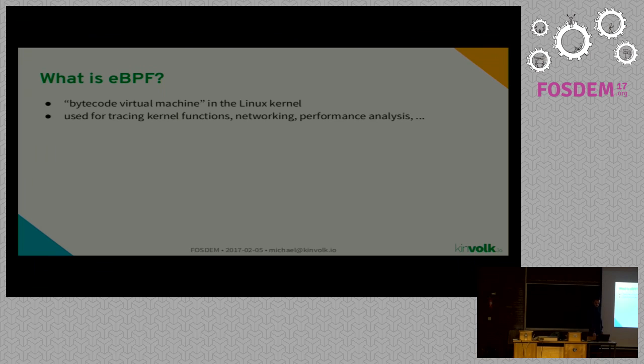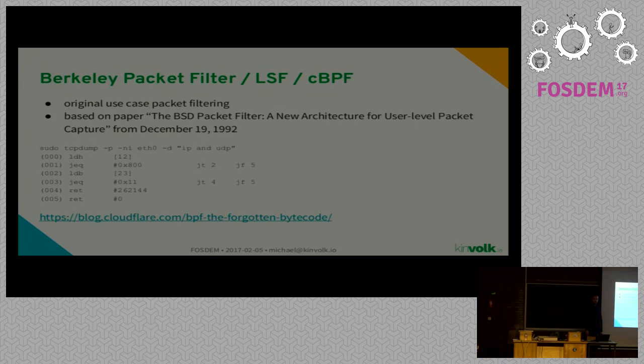The classic BPF, or the Berkeley Packet Filter, is much older, so the functionality to use it for packet filtering has been in the Linux kernel for a long time, and it's used by, for example, tcpdump. In 1992, there was no unified way to filter network traffic, and the BSD packet filter paper brought such a system, which then was implemented for the Linux kernel as well.